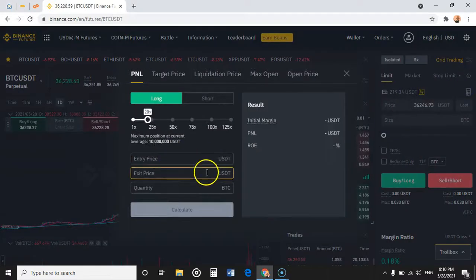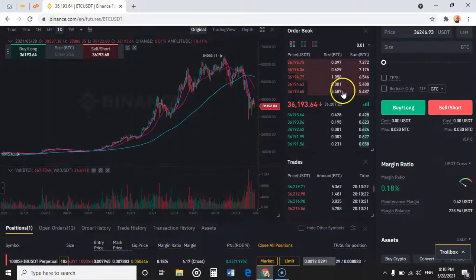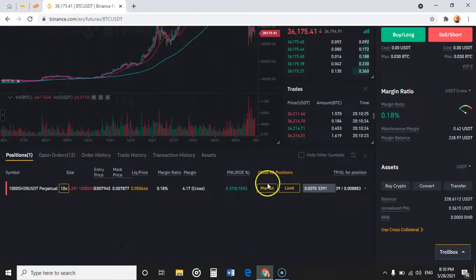On the calculator, you have the chance to know your target price and your liquidation points before you enter any trade whatsoever. Before now, you had to open up a position for you to know your liquidation point, okay? So this is exactly what I'm saying.